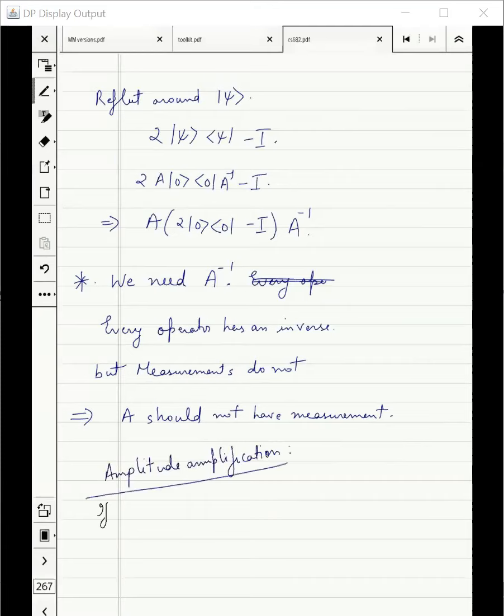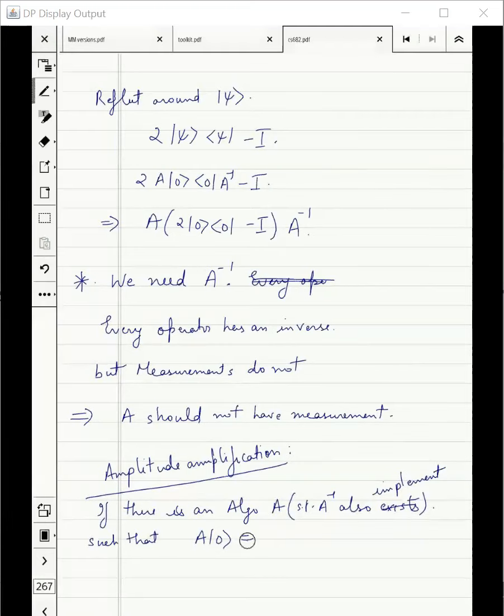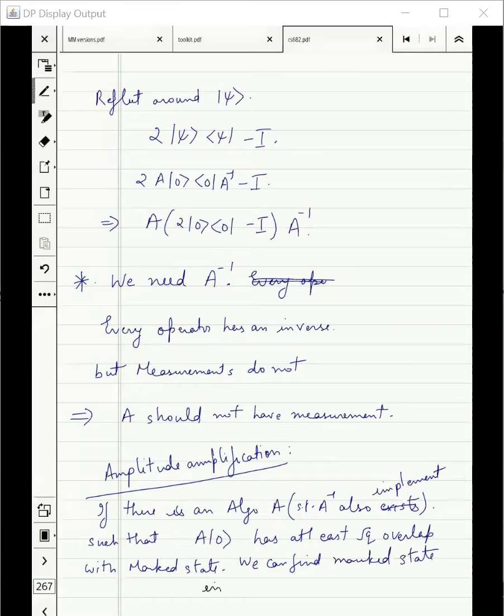It says if there is an algorithm A such that A inverse also exists, or can be implemented, such that the final state of A on 0 has at least root Q overlap with the marked state, we can find the marked state in order 1 by root Q.